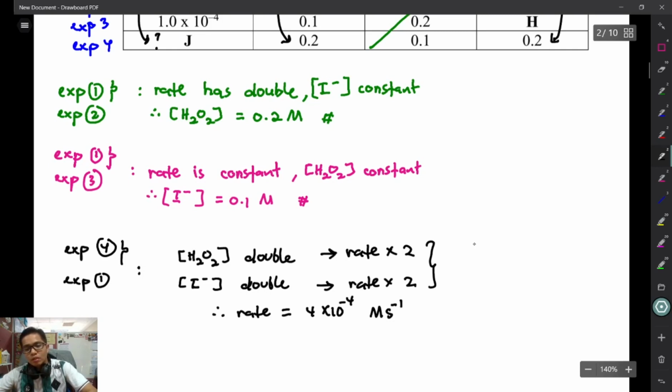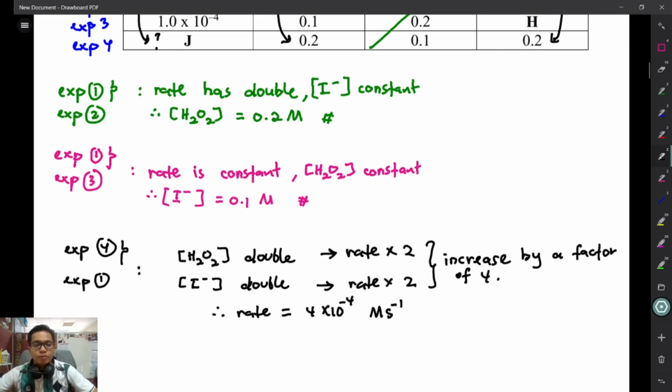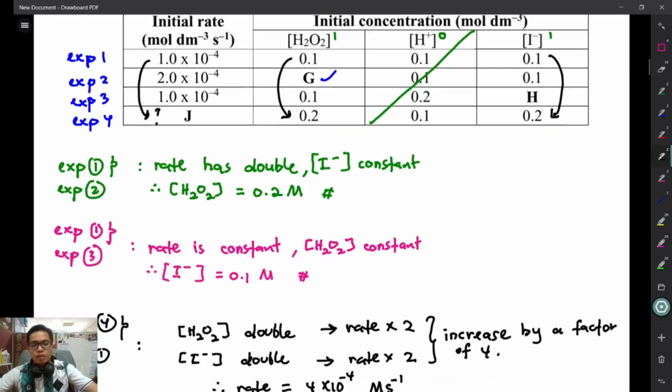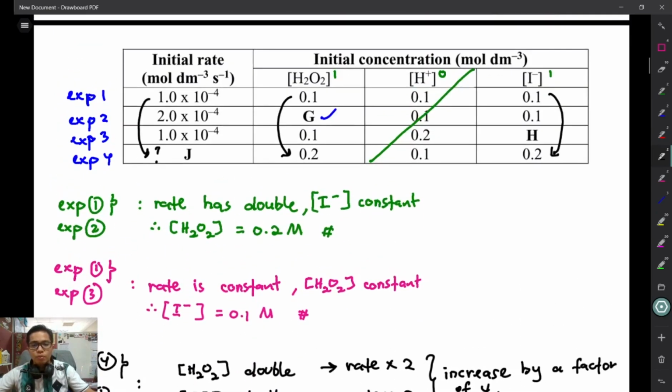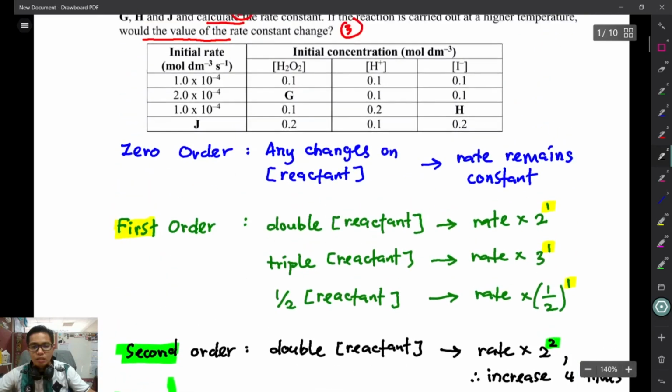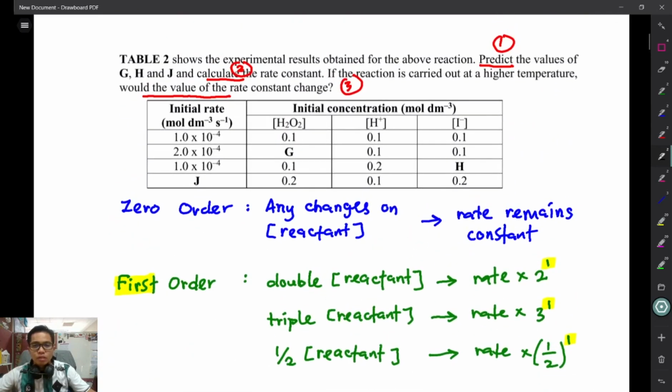So this increases by a factor of 4. Okay, so that finishes number 1.